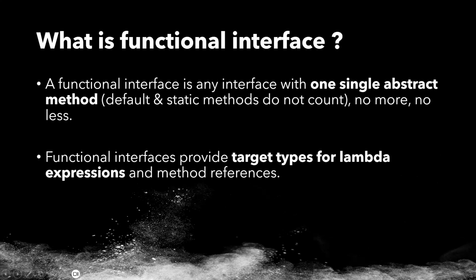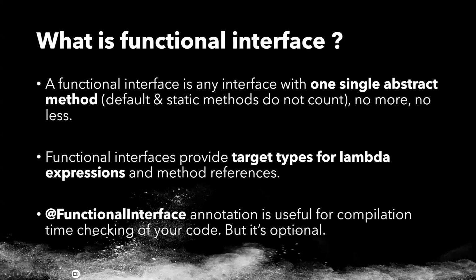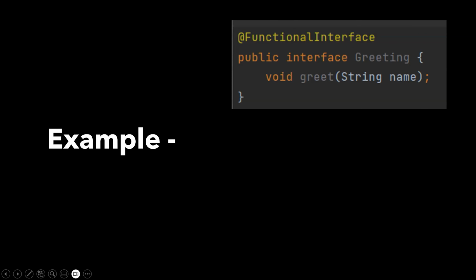All right, the functional interface provides a target type for Lambda expressions that we have seen in the example before, and method references too, which we can cover later. There is a new annotation called the functional interface annotation, which is useful for compilation type checking, which we will see in this very soon.